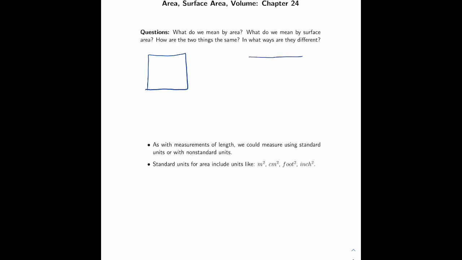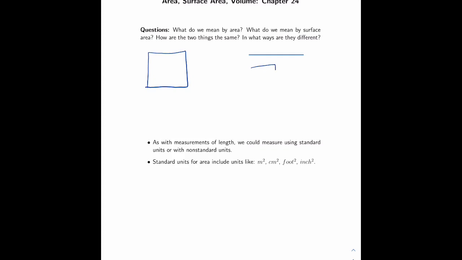Length we measure in one dimension, area we measure in two dimensions. And volume, which we'll get to later, we measure in three dimensions. All right, that's area, like this.